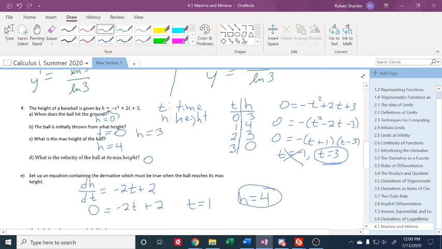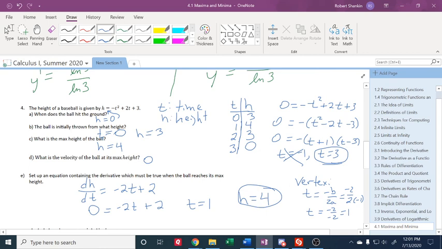You could have also done C by graphing this function. If I graph this, I get a downward parabola because a is negative, and the vertex of a parabola is at x, or in this case t, equal to negative b over 2a, negative 2 over 2 times negative 1, and that gives you negative 2 over negative 2, which is 1.